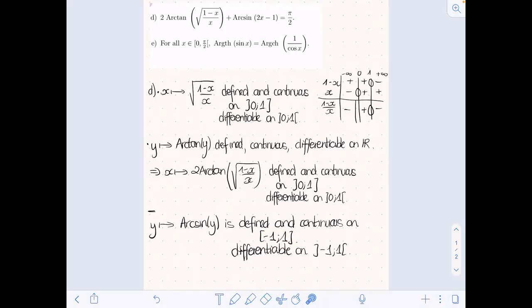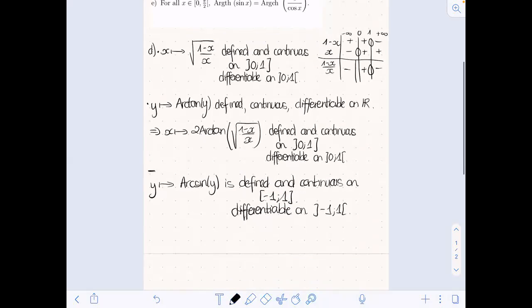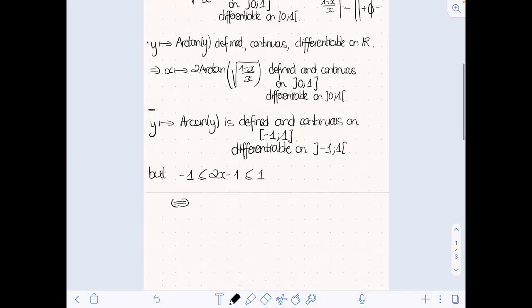So you've got to solve a double inequality. You're absolutely right. -1 smaller than 2x minus 1, smaller than 1. That's equivalent to, if we add 1, 0 smaller than 2x, smaller than 2, and so you get 0 smaller than x, smaller than 1.